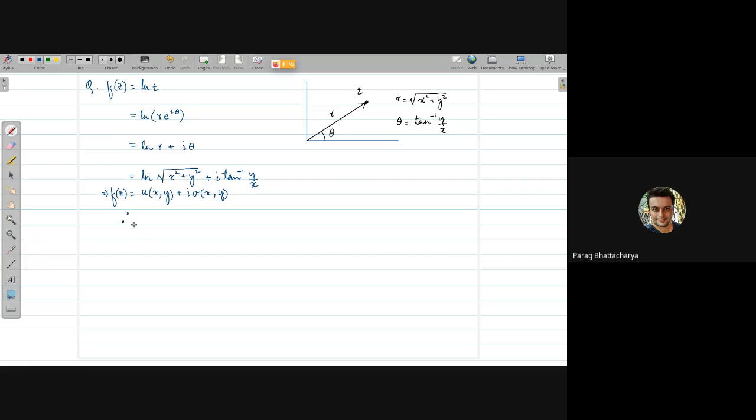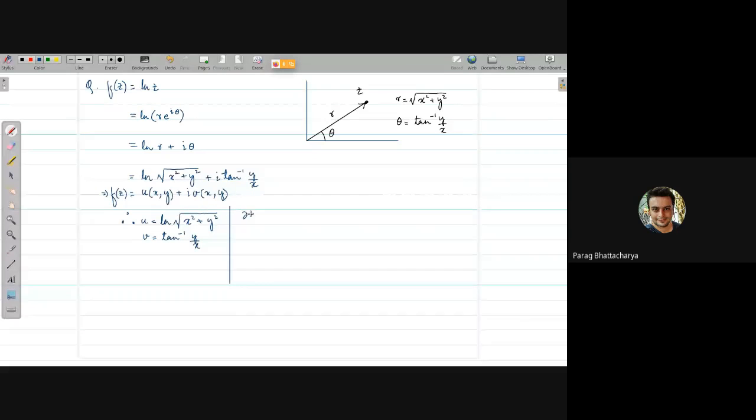Therefore here u is equal to ln of the square root of x squared plus y squared, and v is equal to tan inverse of y by x. So now it's just a matter of finding their partial derivatives, which is really straightforward.